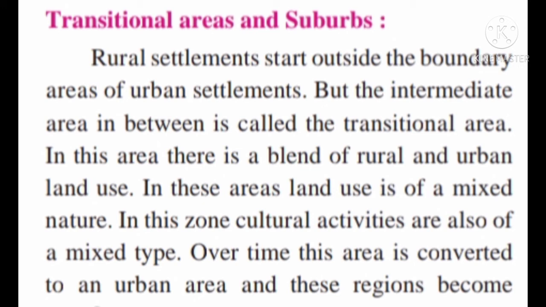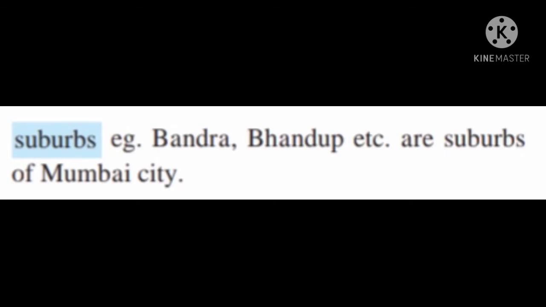In this zone, cultural activities are also of a mixed type. Over time, this area is converted to an urban area and these regions become suburbs. Example, Bandra, Bhandup, etc. are suburbs of Mumbai city.